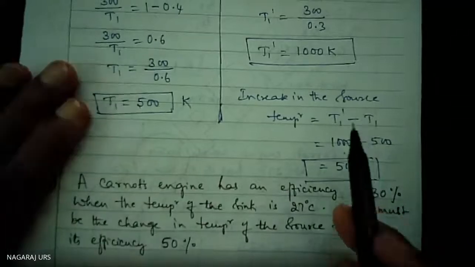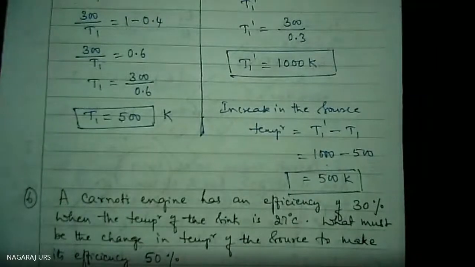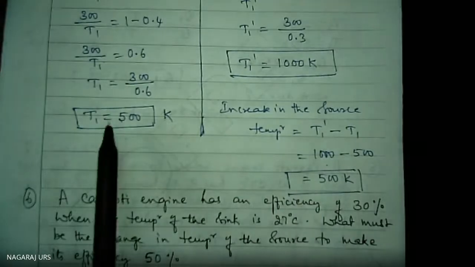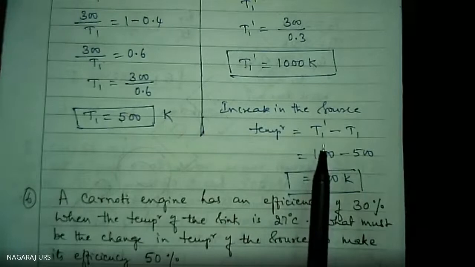Similarly, you solve it except this. This one only we had to calculate. Similar variety of problem. What must be the change in the temperature means we have to calculate this also. What must be the change in the temperature of the source means first you calculate T1, next calculate T1 dash, next you do the calculation for T1 dash minus T1.